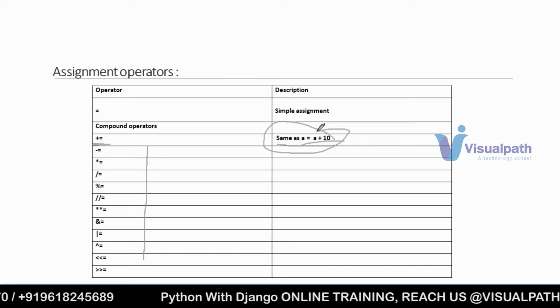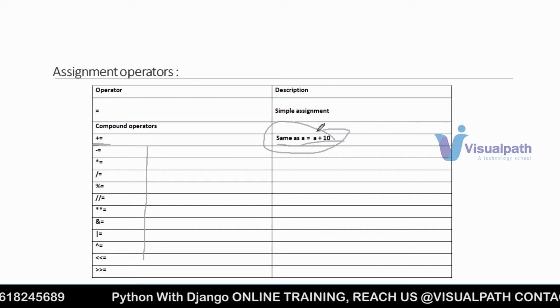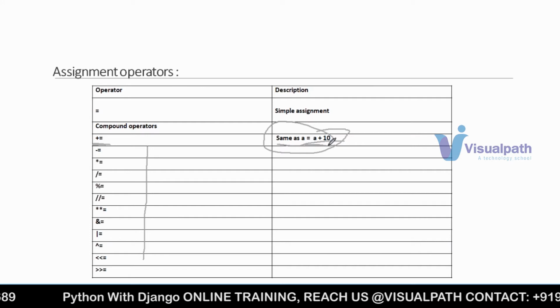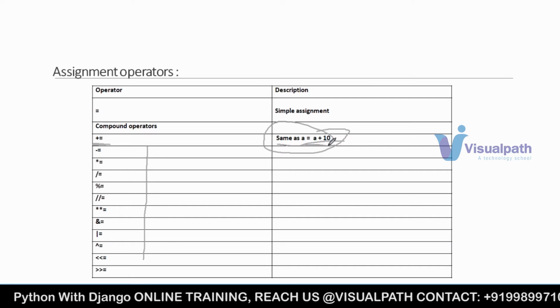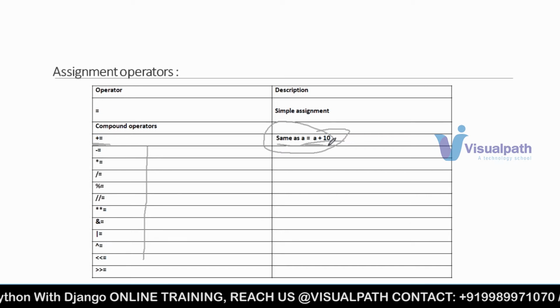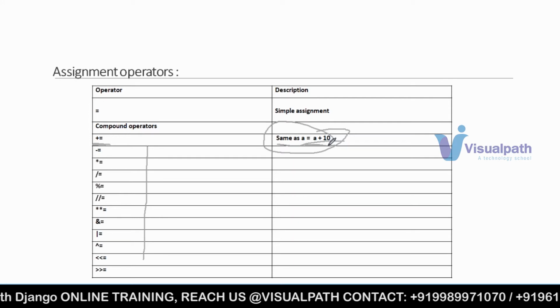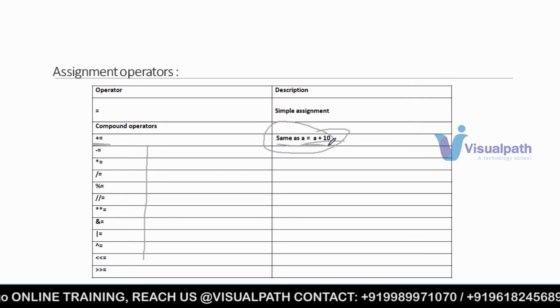It is not at all recommended to use these compound operators. If you want to add a number, do it the same way: a is equal to a plus 10 instead of plus and equals to, for readability purposes. Okay, next.